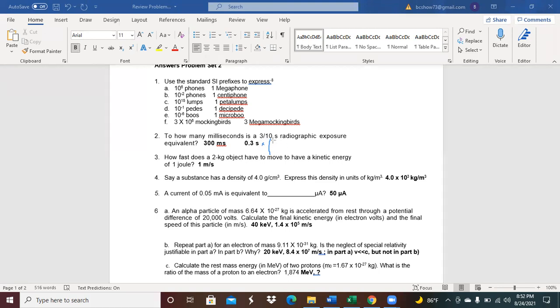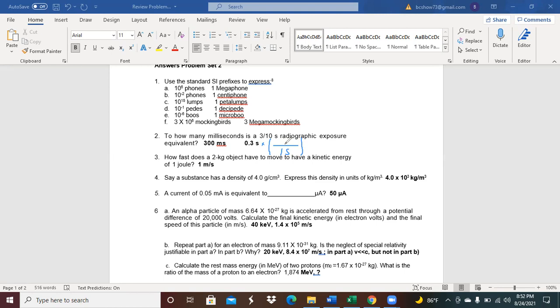So what are we going to have to do? We're going to put 1 second on the bottom, 1 unit of whatever it is we're trying to get rid of. That way those two cancel. So since we're looking for units of milliseconds, we're going to have to figure out how many milliseconds are in a second.